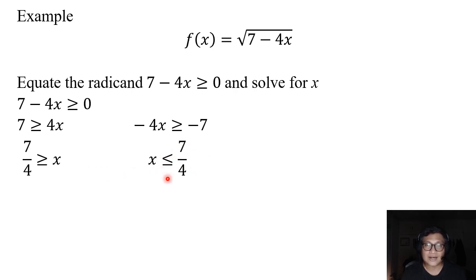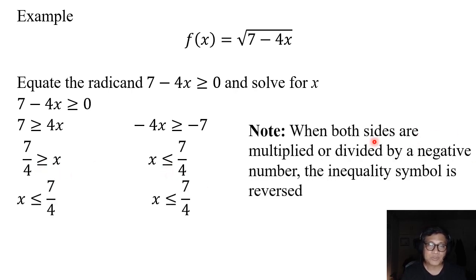These two, class, are identical. But if you're going to read the first one from right to left, x is less than or equals to 7 all over 4, which is the same with this one. Okay, so when both sides are multiplied or divided by a negative number, the inequality symbol is reversed.